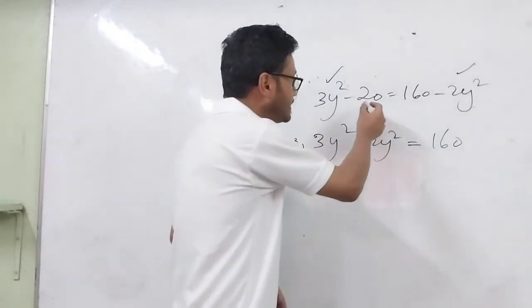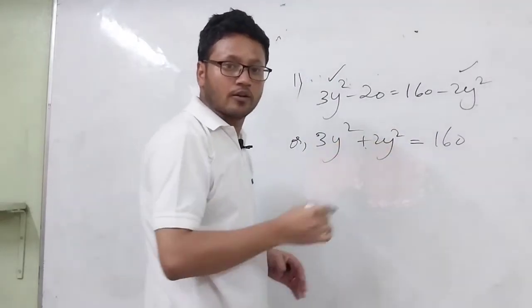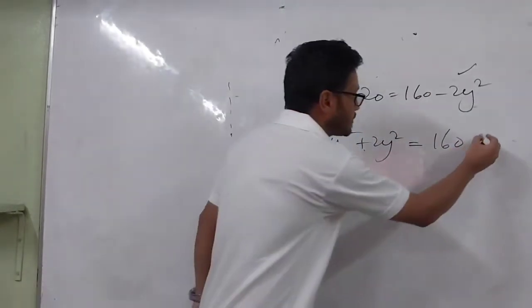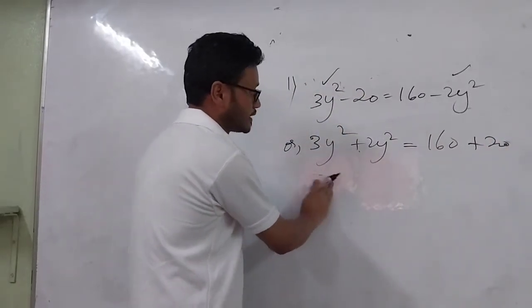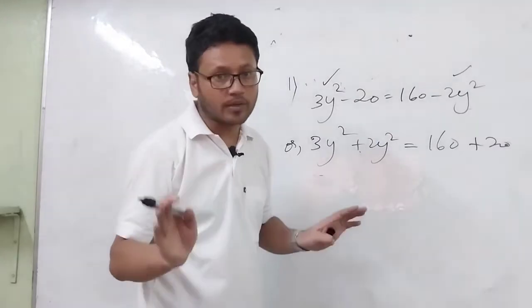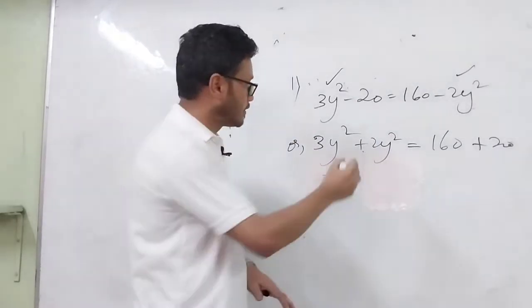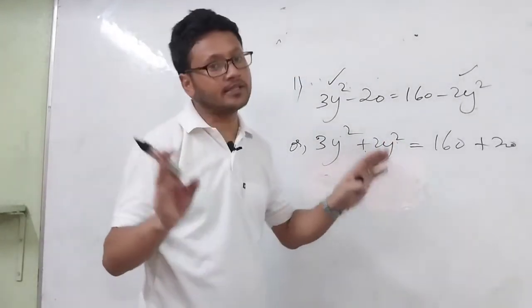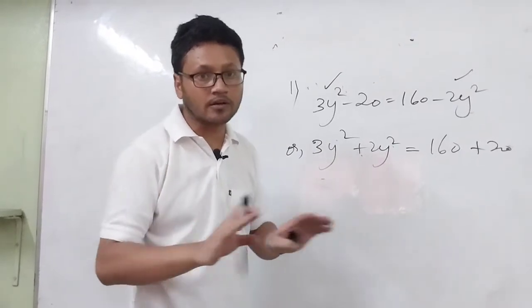Now we have to take that minus 20 to that side, near 160, that means minus 20 becomes plus 20. So 3y square and 2y square will now be 5y square, because we have to add their like terms. Why like terms? Y square and y square, the base and the power are the same.